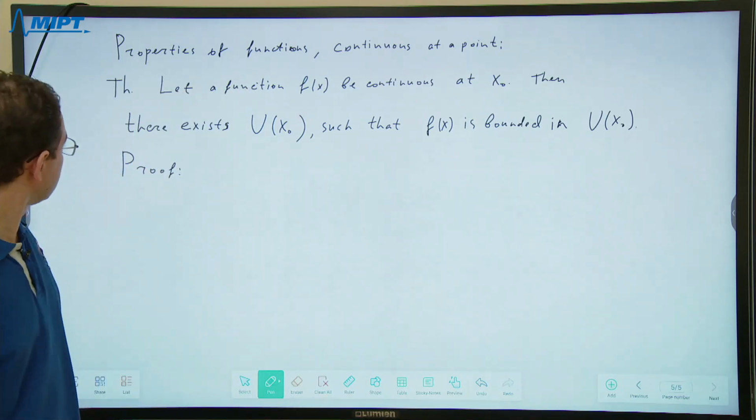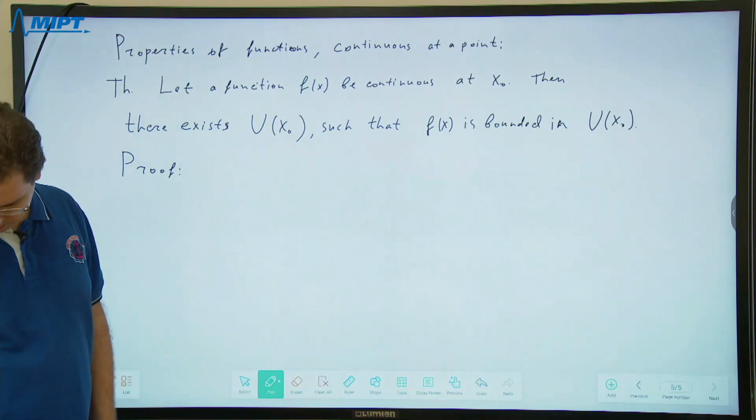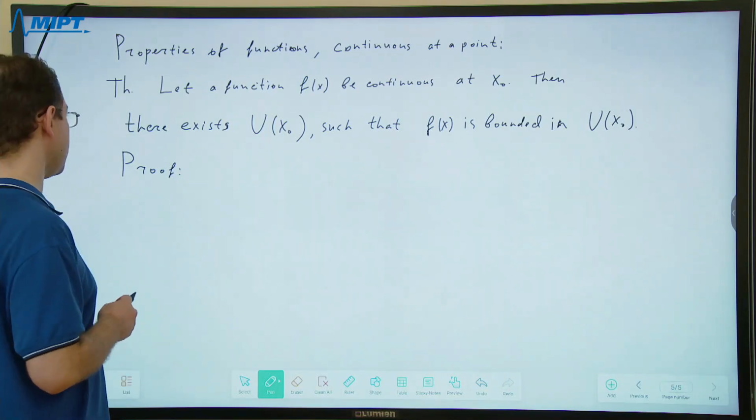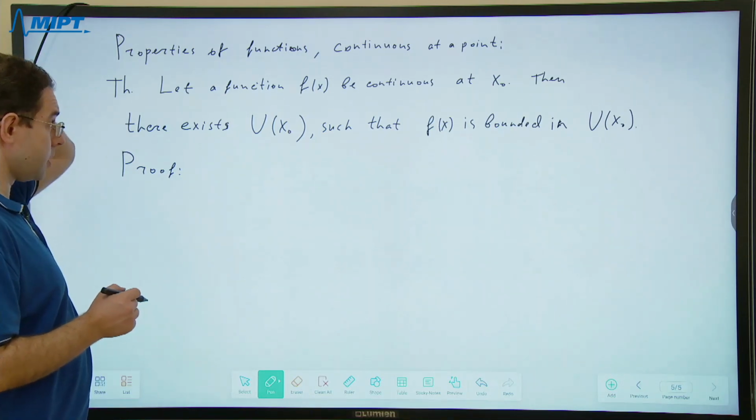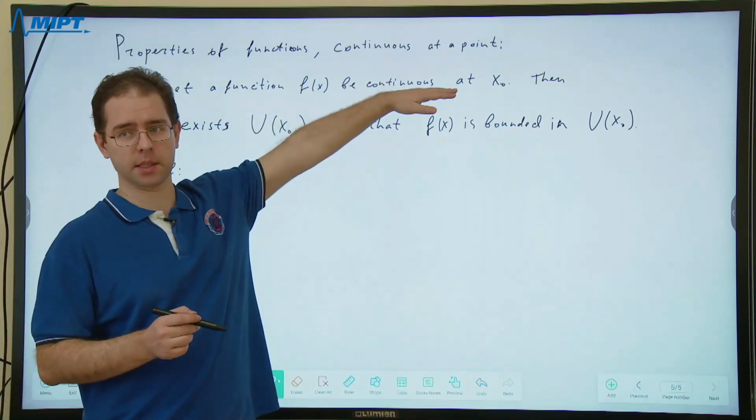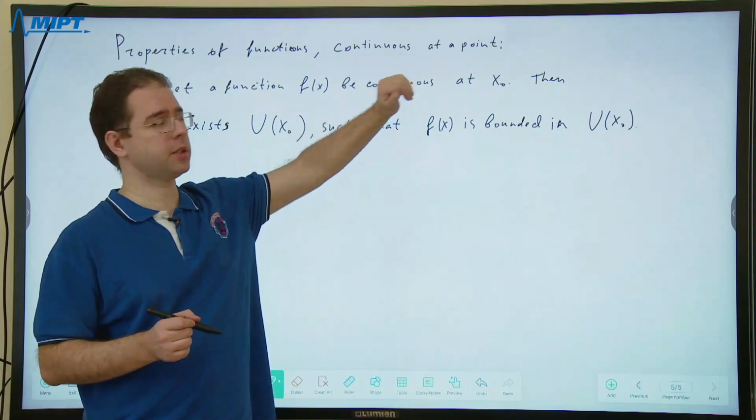Okay, moving on. Proving this. Very easy. So the function is continuous at this point. So let's write this definition of continuity.